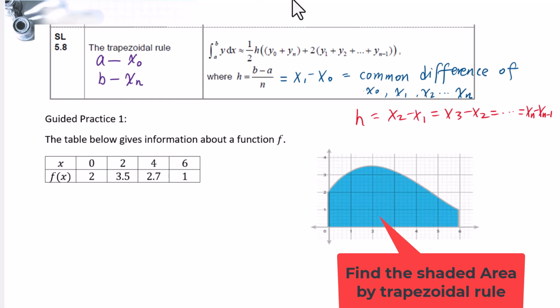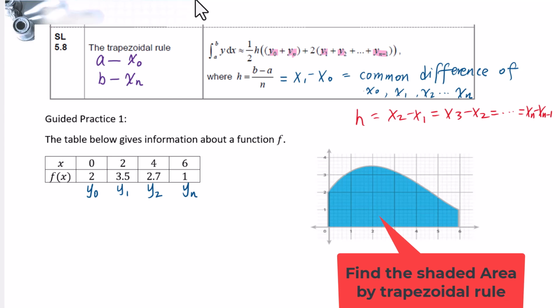We are given y0 to y sub n, then y1, y2 until y sub n minus 1. So we will label the y values first: y sub 0, y sub 1, y sub 2. Label the last value as y sub n.